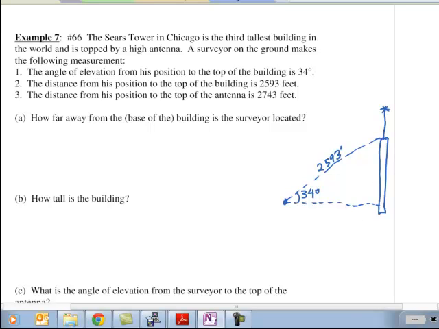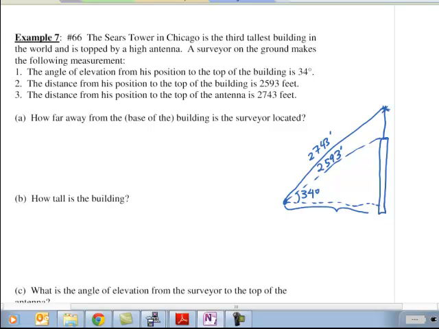And from his position to the top of the antenna is further, 2743. Okay, so the first question is how far away from the base of the building is the surveyor located?